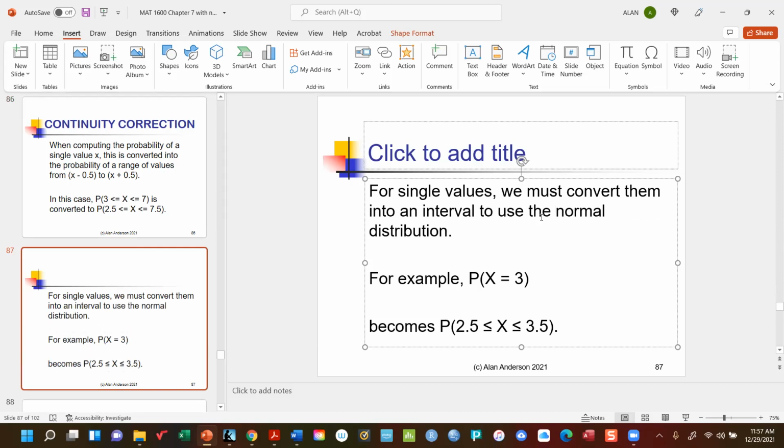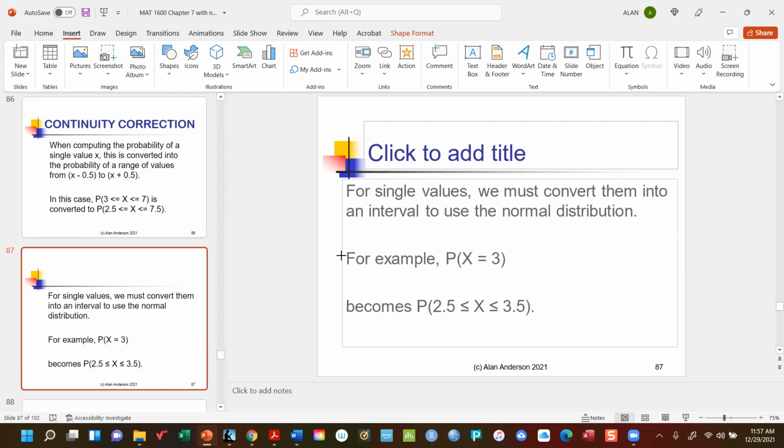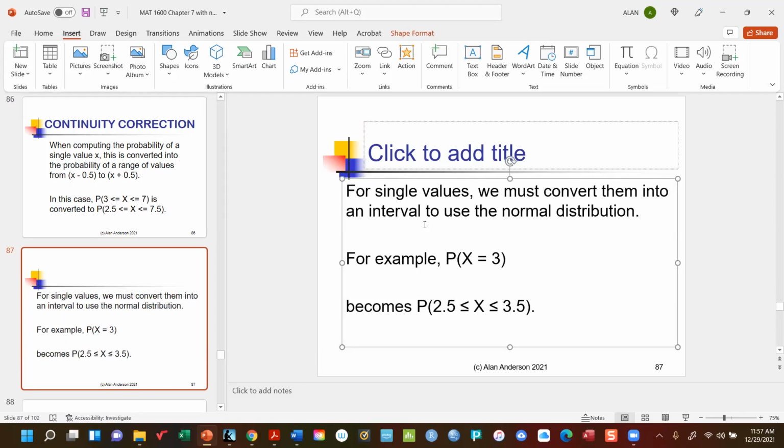That's one of the awkward features of this. So if you were asked the probability that there's 3 students with type AB positive blood, you could rewrite it like this. Although in a case like that, if you only need one probability, you probably would just use the binomial distribution anyway. There'd be no real need for this approximation. But if you did, this is how it would work.